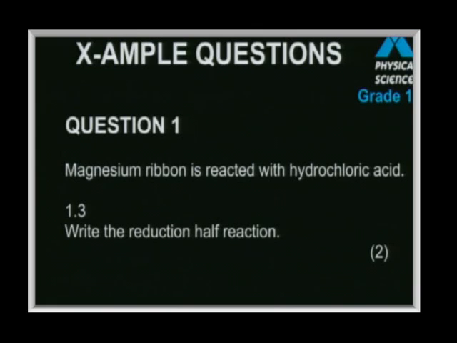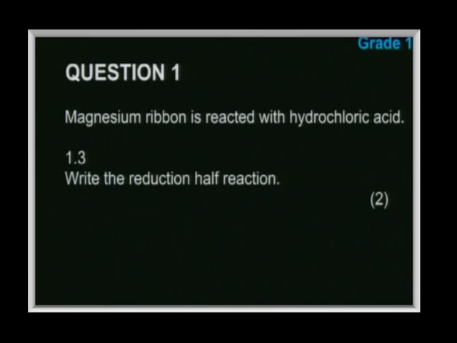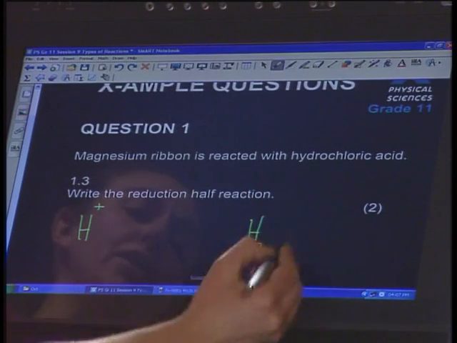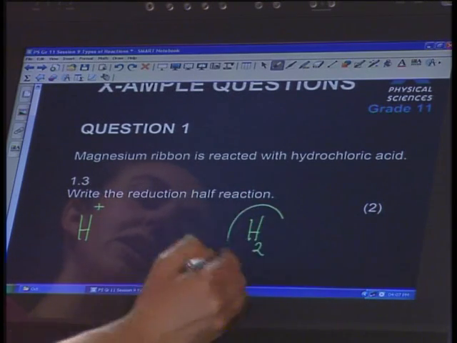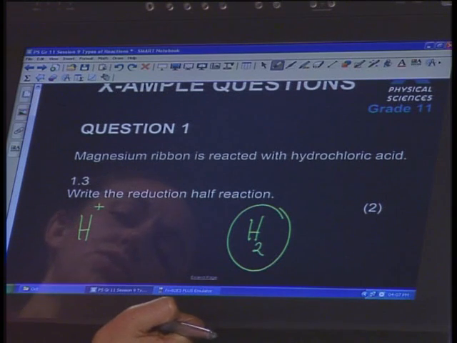Question 1.3 asks us to write down the reduction half reaction. Now in this case, we would see that the hydrogen was the one that went from a charged to something that was not charged. Remember, when hydrogen is that unbonded or diatomic molecule that it is over here, it carries an oxidation number of 0.